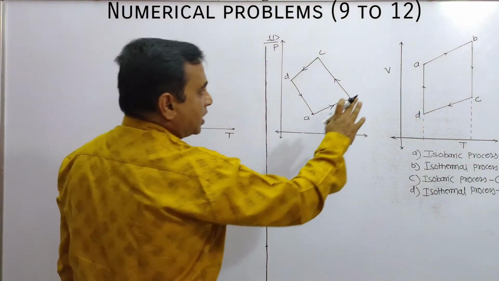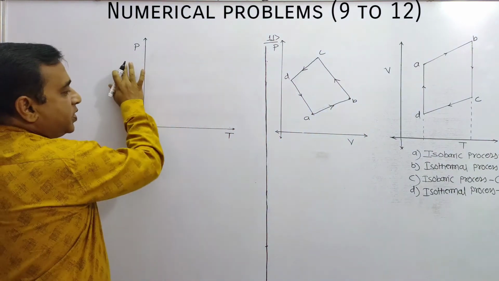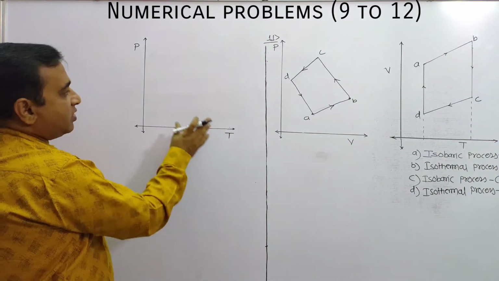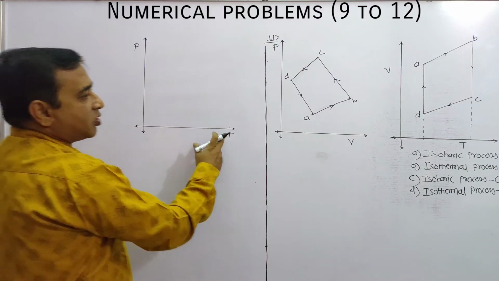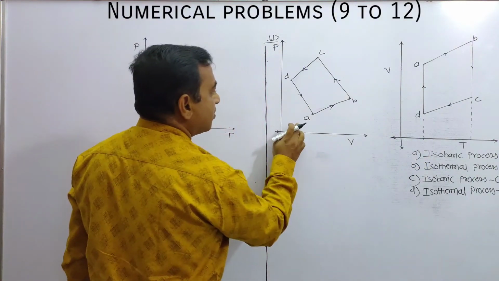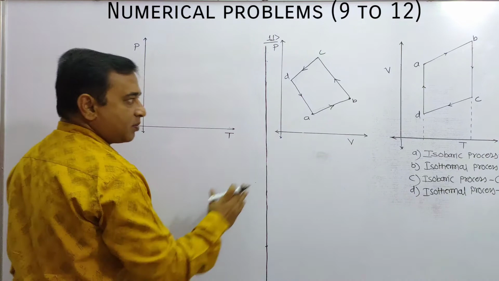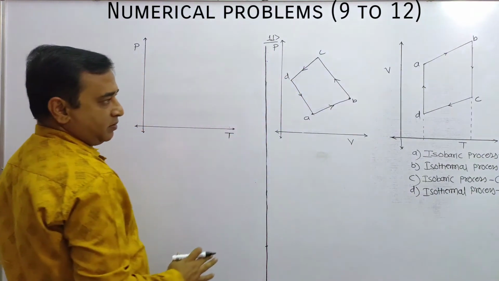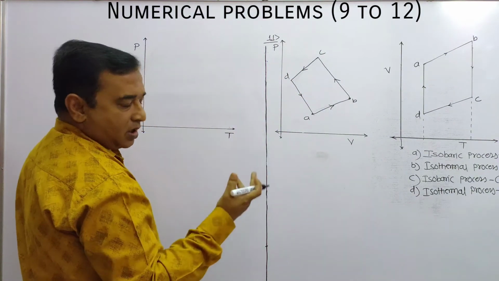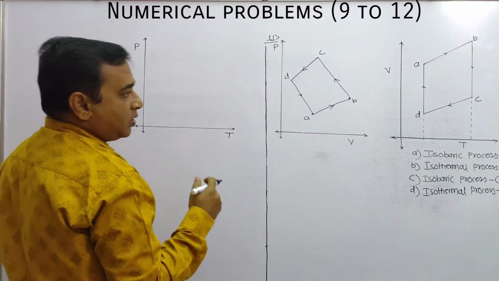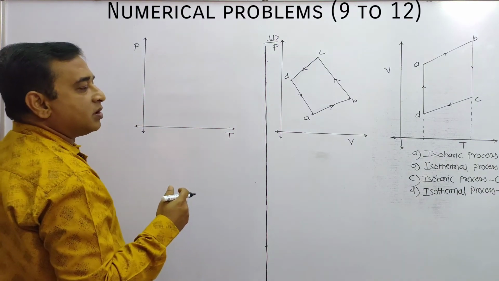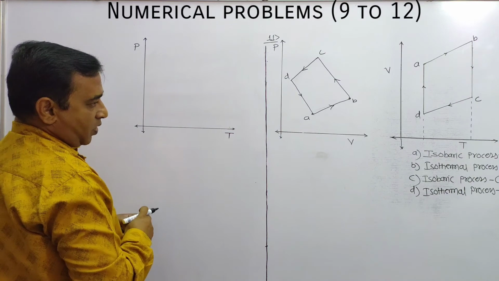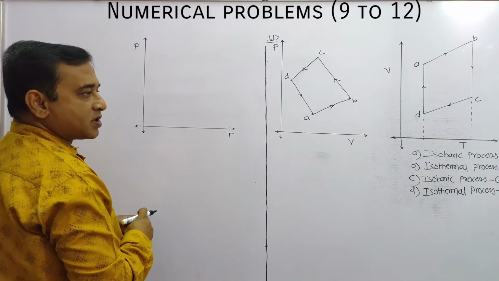Now we need to draw the PT diagram. What is the reference point? In the VT diagram the common factor is T, and in this one the common factor is V. On the basis of that we have already drawn the other. Now I need to get this one, starting from the temperature. We know it is an isobaric process.